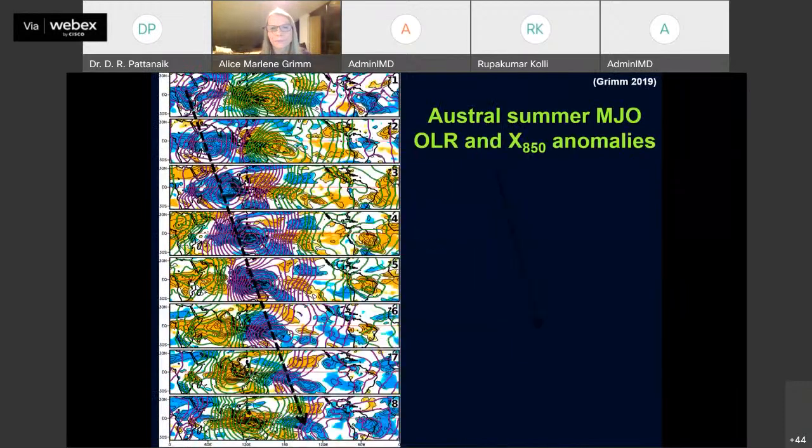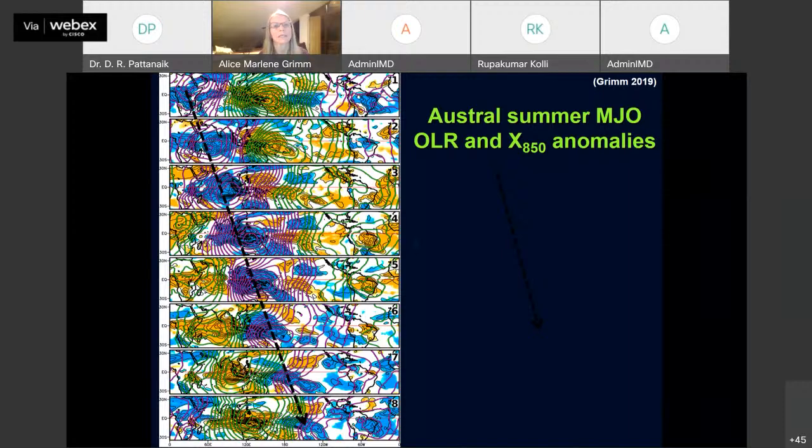So let's first take a look at the Madden-Julian oscillation impacts in average over all three possible ENSO states: neutral state, El Niño, and La Niña.